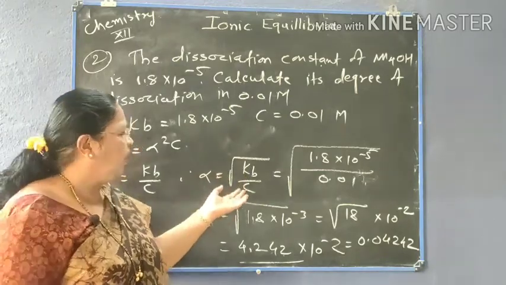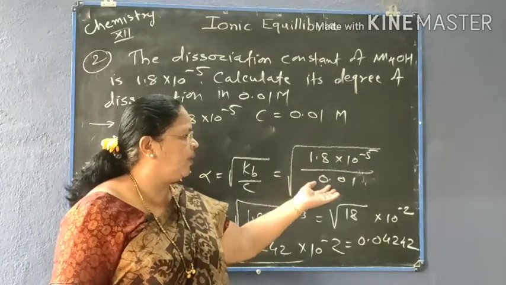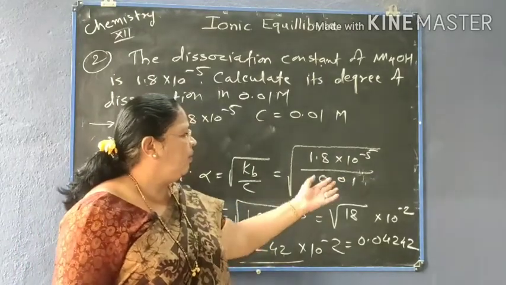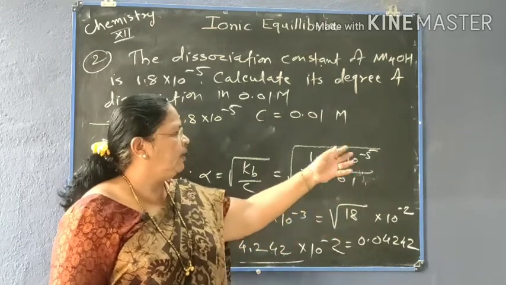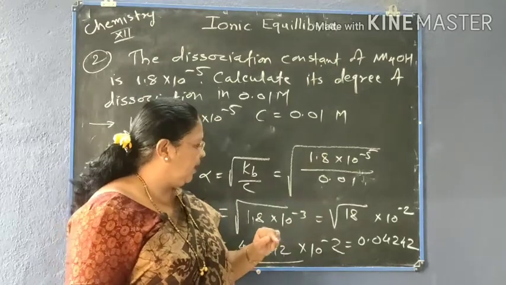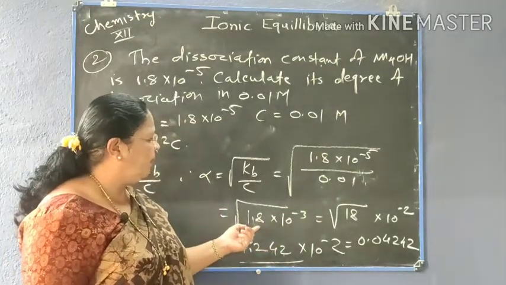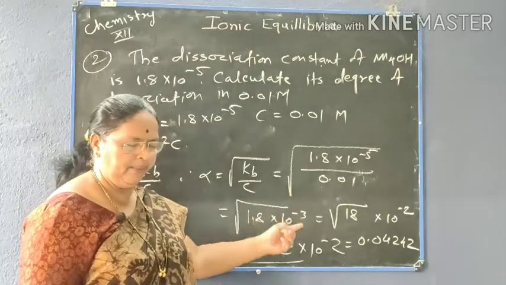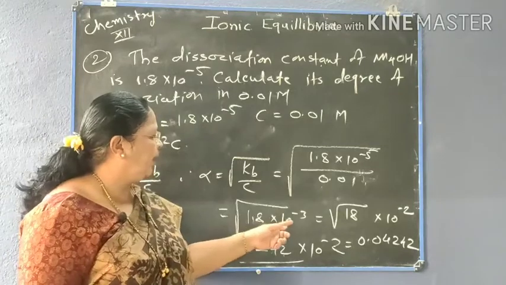Put the value of Kb and C: 1.8 into 10 raised to minus 5 divided by 0.01. 0.01 is nothing but 1 into 10 raised to minus 2. When you consider the numerator, minus 5 plus 2, that is 10 raised to minus 3. So this can be written as square root of 1.8 into 10 raised to minus 3. Again here, it is 18 into 10 raised to minus 4.